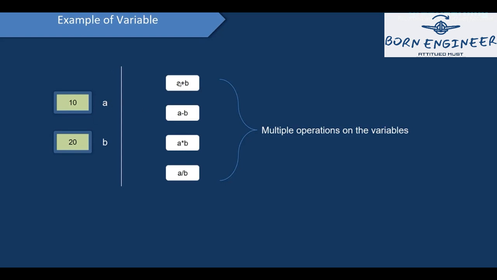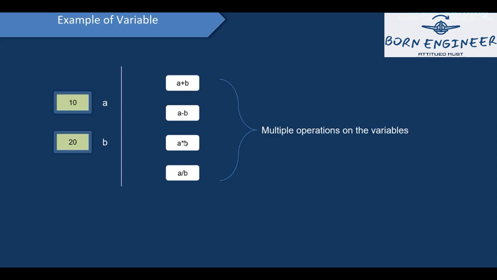So the value inside a is 10 and the value inside b is equal to 20. And then when you add a plus b, you'll get a value of 30. Similarly, when you perform the operation a minus b, it is basically subtracting the value which is present in b from the value which is present in a. So 10 minus 20 will become minus 10.